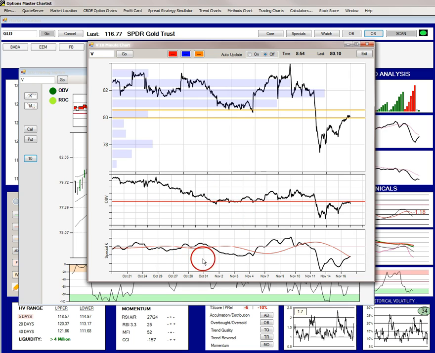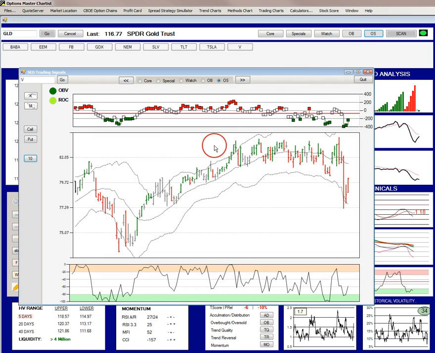Also this is Special K, which is an excellent velocity indicator for this 10-minute time period. You can use the 10-minute charts to fine-tune your entries once you've looked at them in the SEO trading method.